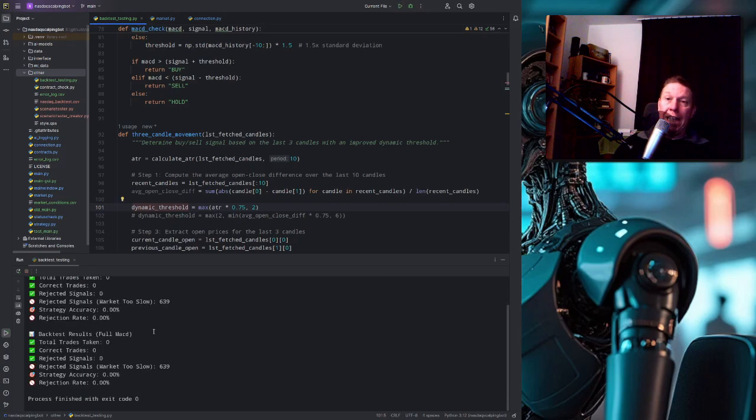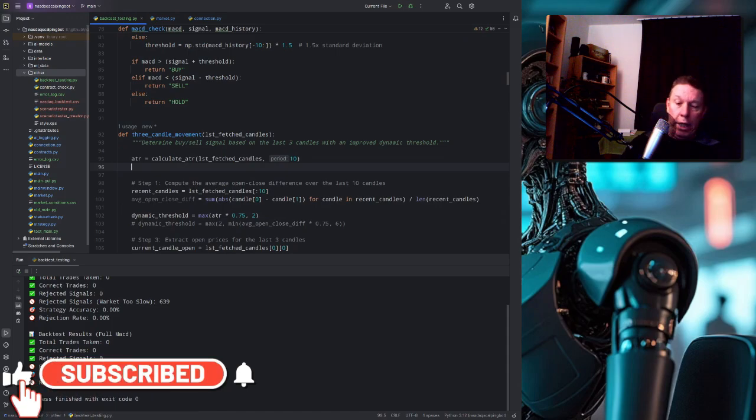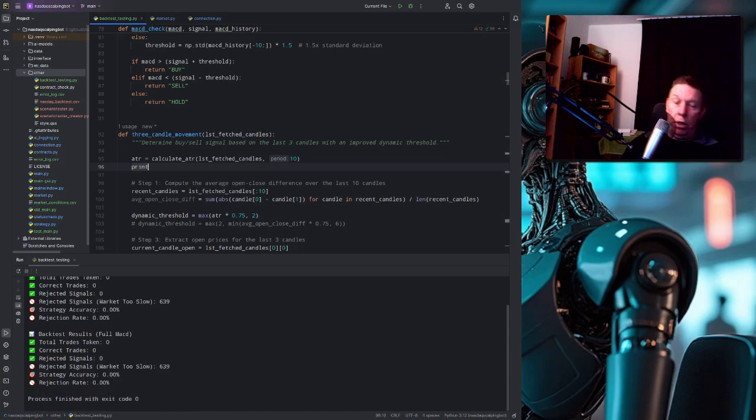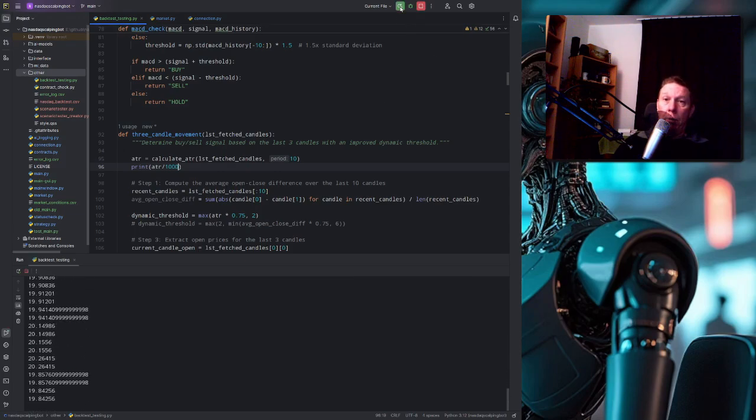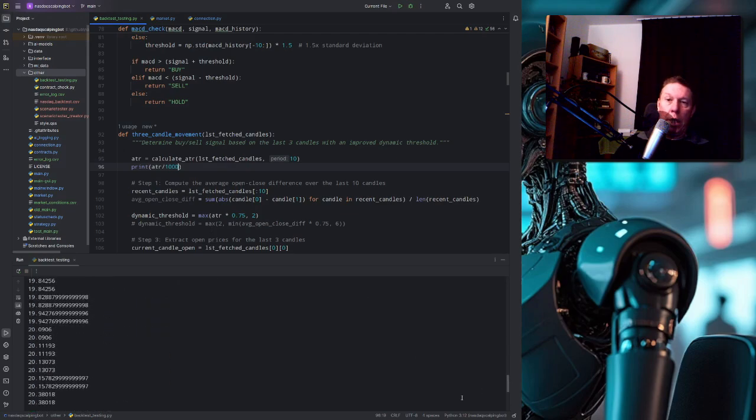And everything is 0. So running with ATR, not good. Now I'm trying what I did just a minute ago: print the ATR divided by 1,000 and run. Then we see we have an ATR flashing by of 20.